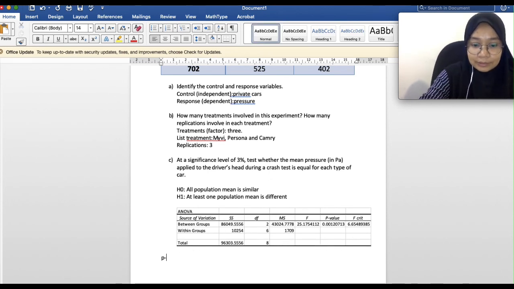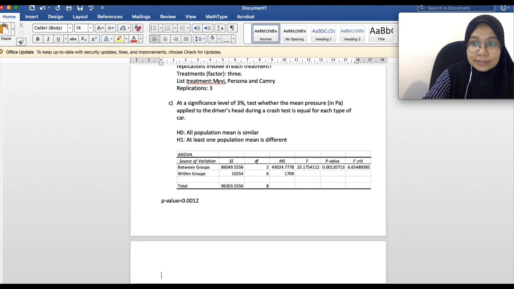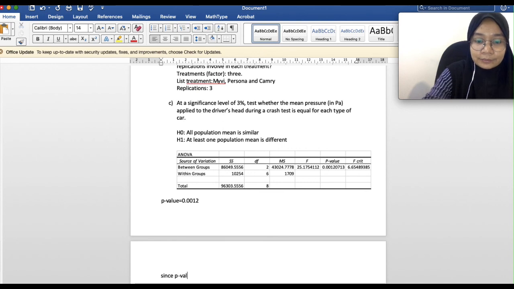So the p-value is equal to 0.0012. So do you reject or accept the H null? Since the p-value 0.0012 is less than the alpha equal to 0.03, you have to reject H null.